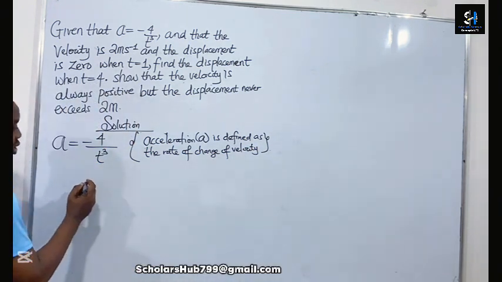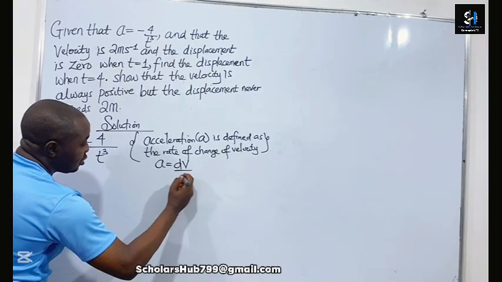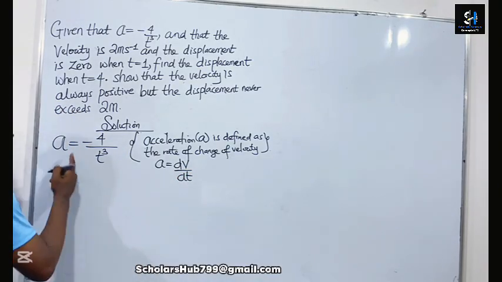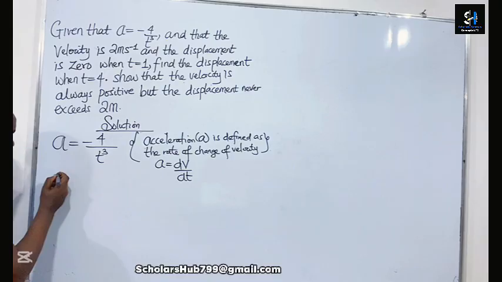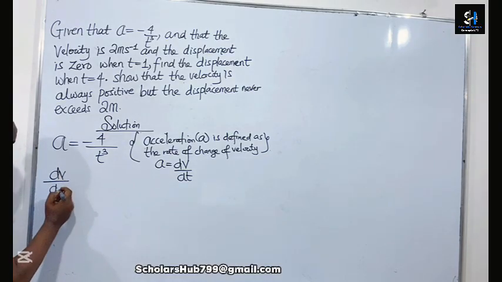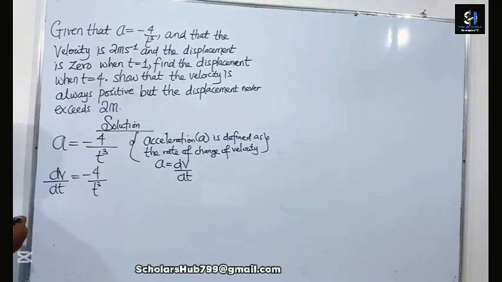Okay, so that means that from here we know that acceleration is dv over dt. So I'm going to write a as dv over dt. So dv over dt equals minus 4 over t cubed.